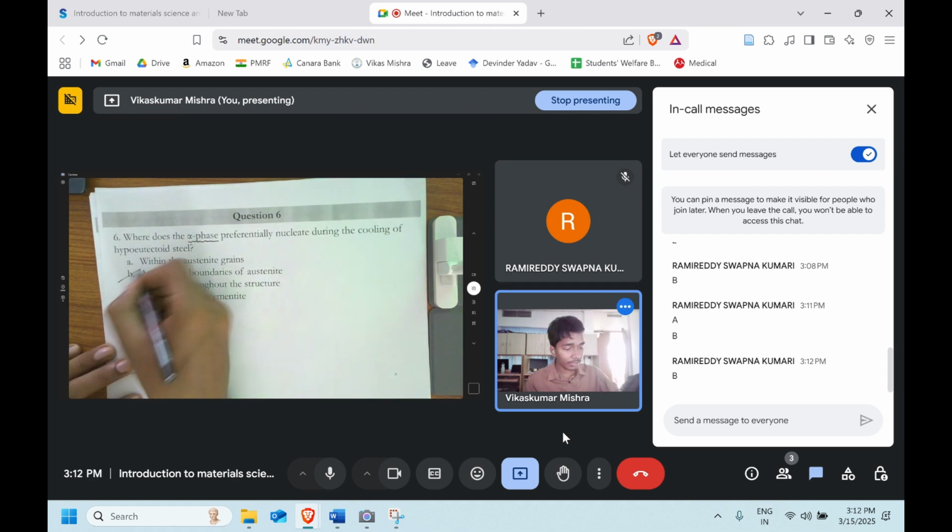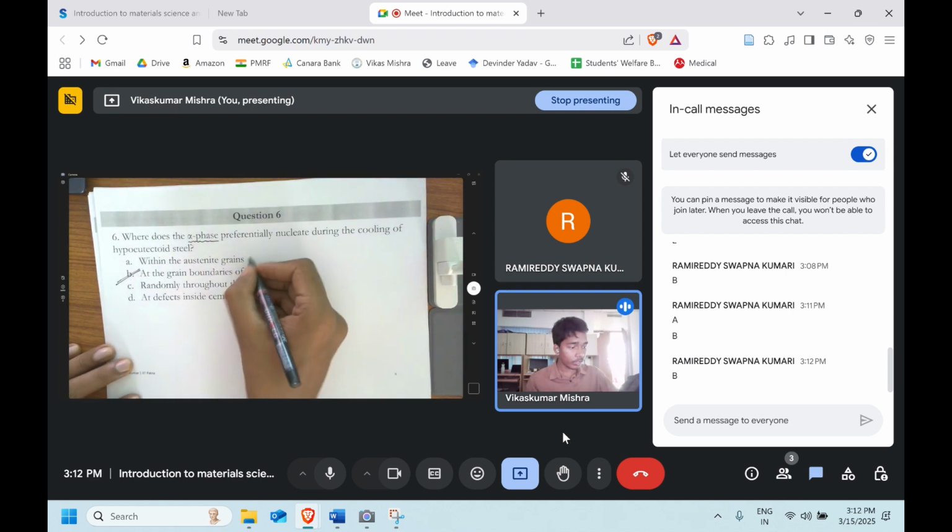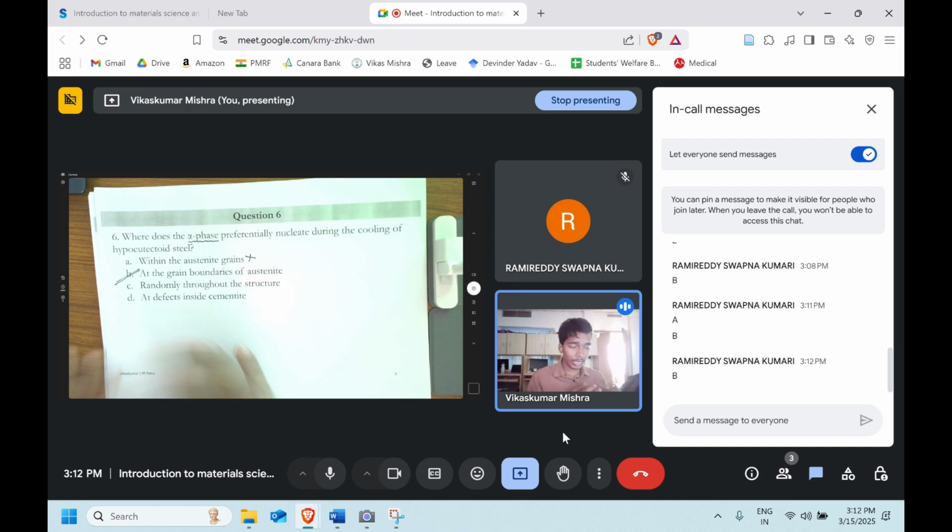That's right. Within the austenite grain, no. Why is it going toward the grain boundary? The reason is that the grain boundary is always at a higher energy state compared to the grain, and its structure is also very distorted. So it is very easy for any new phase to appear on the grain boundary due to the high energy.